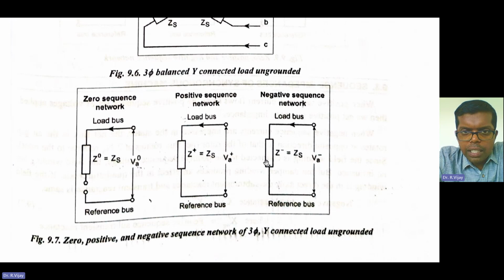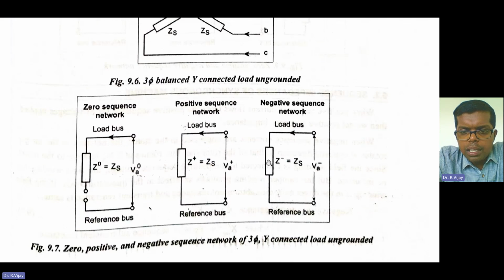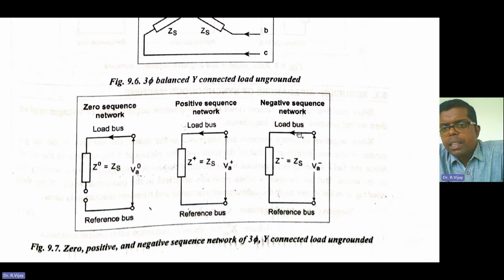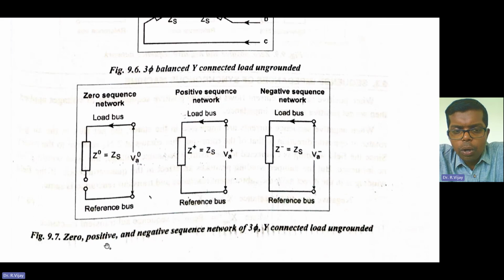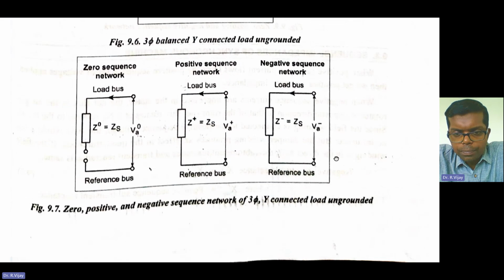This is the reference bus. Next, this is the negative sequence network VA negative, with the negative impedance Z minus equal to ZS. This is the zero, positive, and negative sequence network of a three-phase star-connected ungrounded load.